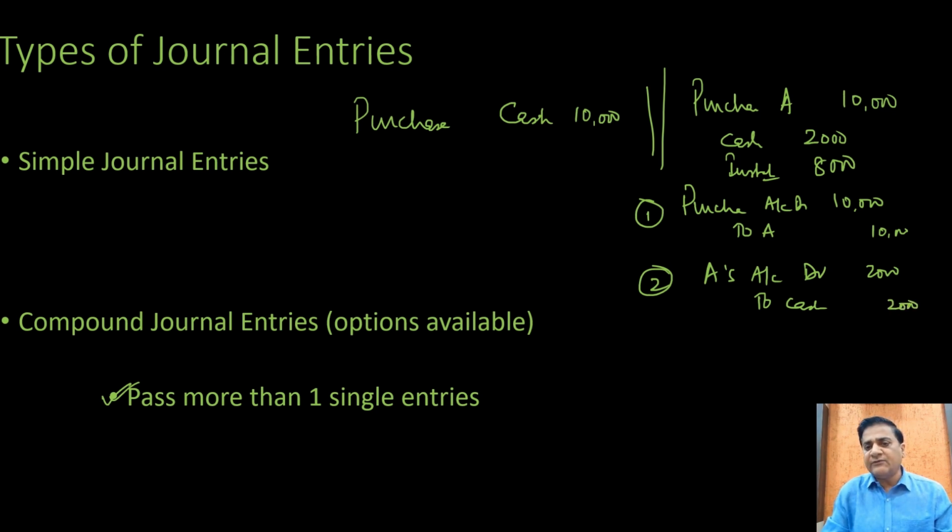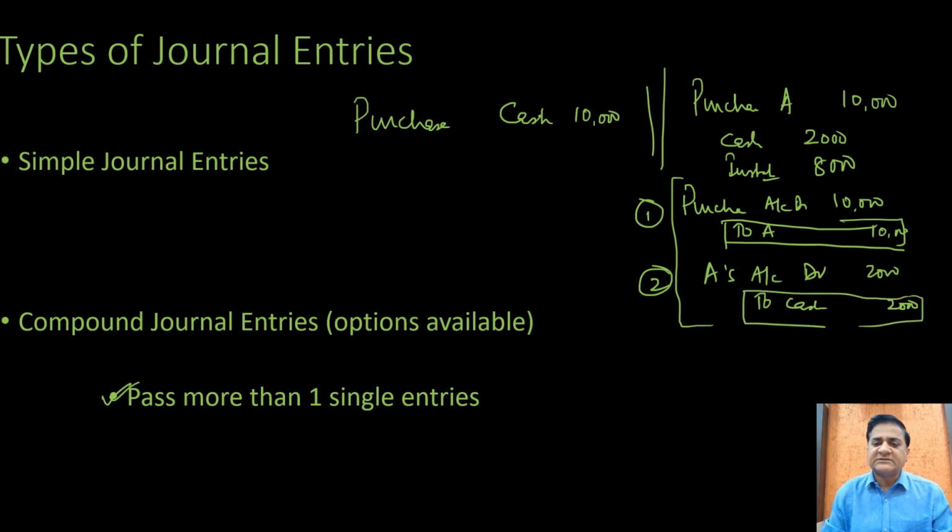The third entry would automatically come out by way of this: from A I have bought goods worth 10,000, I have paid cash worth 2,000, which means there is a balance of 8,000 pending in the account of A, which is payable from my side. So I can either pass these single entries, or I would pass a compound entry which would be a combination of these entries.